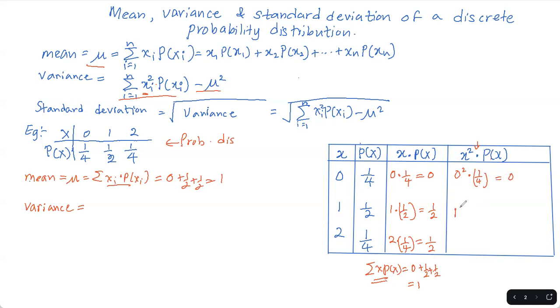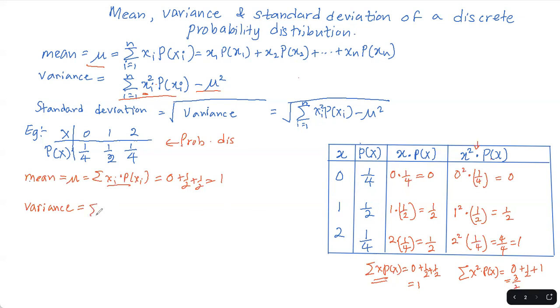Then the next one is 1 square times probability half, which is half. The third one is 2 square times probability 1 over 4, which is 4 over 4 equals 1. Then you take the summation of all x square times probability of x, which equals 0 plus half plus 1, which is 3 over 2.